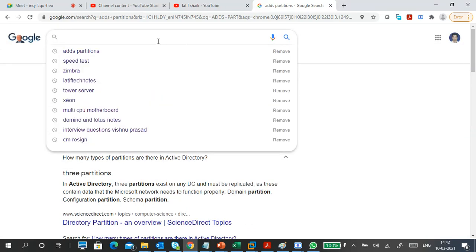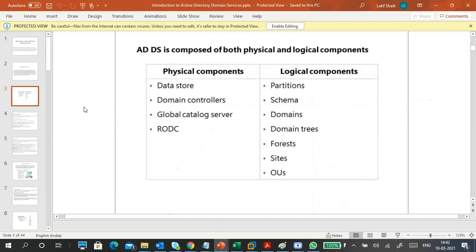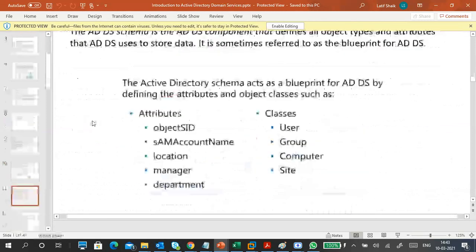Okay, anyway, I will show you that one. So I will show you the partition part. So look at it carefully.